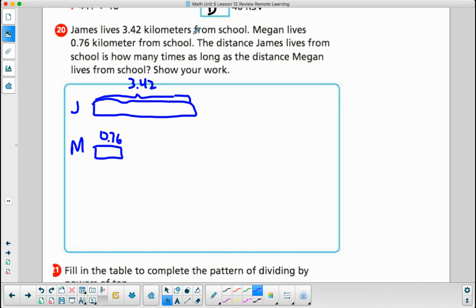Now, the distance James lives from school is how many times as long as the distance Megan lives from school.